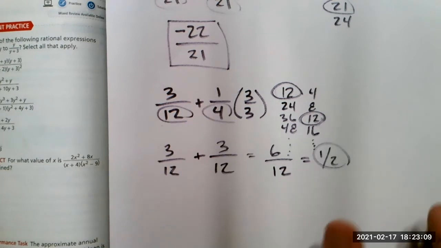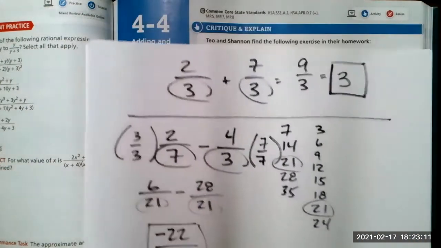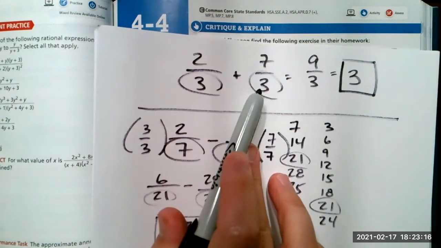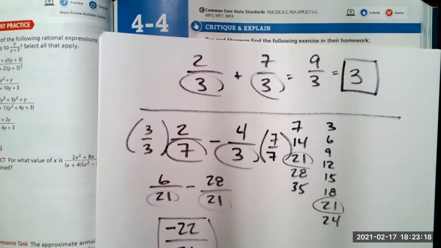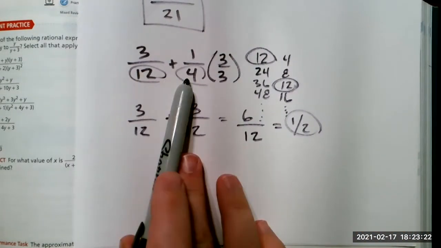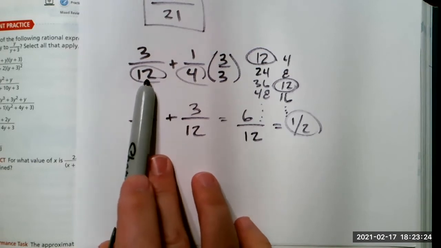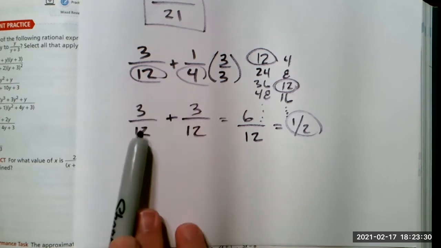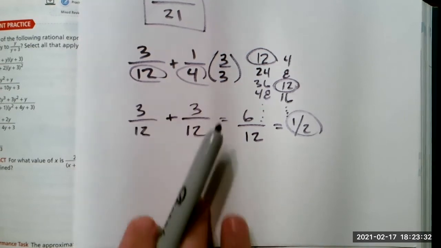So those are 3 situations that you're going to see in Algebra 2. The first example is where your denominators are already alike and you're good to start adding or subtracting. The second one is something like this, where one of your denominators is already the LCM. So it's already the least common multiple. You just have to multiply the other fraction by something to get that common denominator.